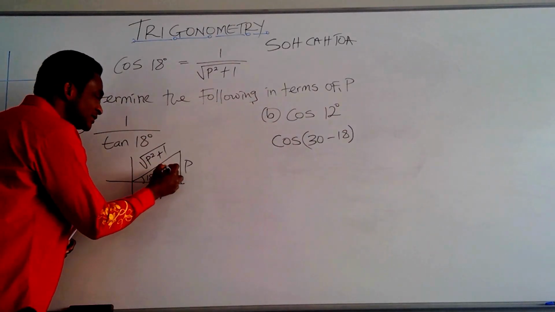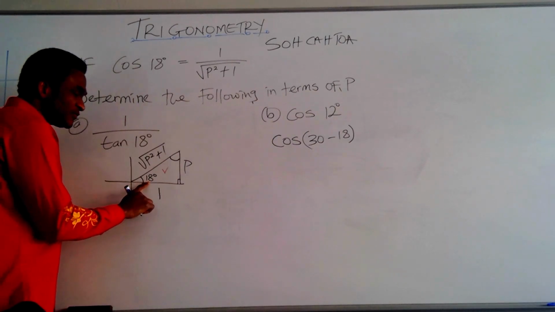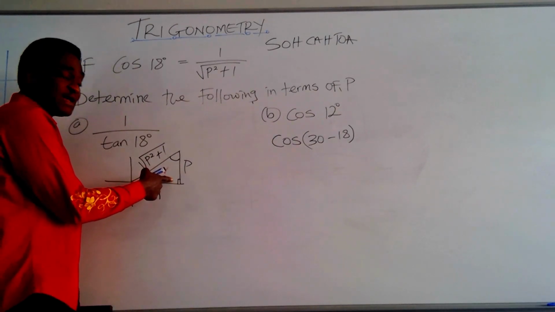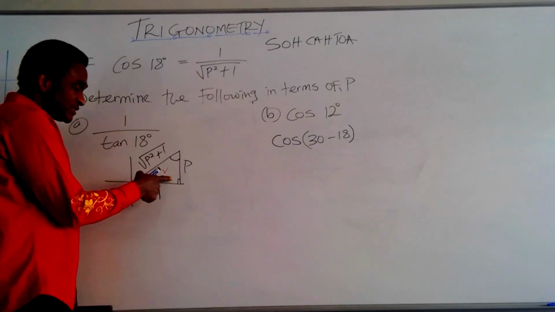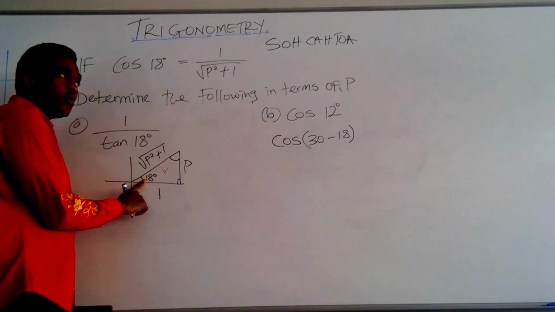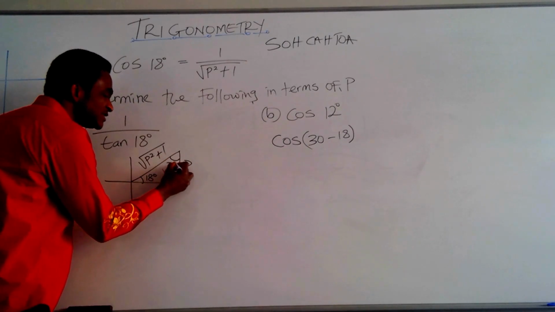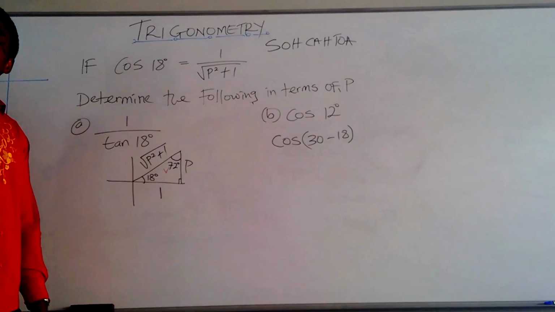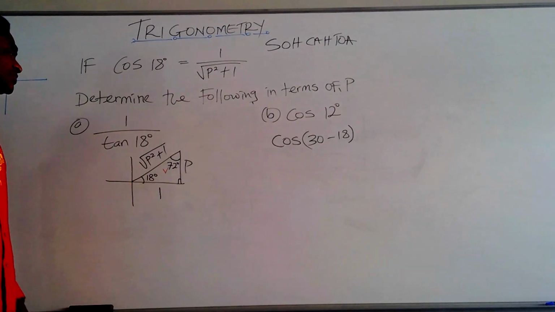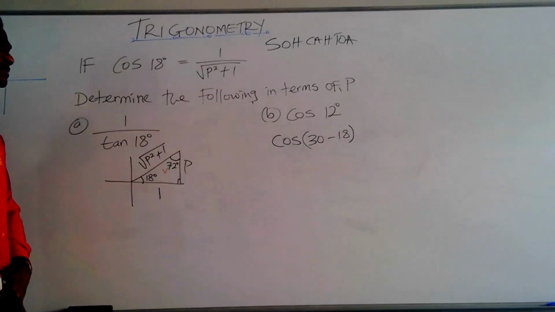Inside this triangle, if we complete this triangle, we have 18, we have 90 degrees. So 90 degrees and 18, that is 108. It means we have 72 degrees left here. So if we have 72 degrees left there, we can work around using this.